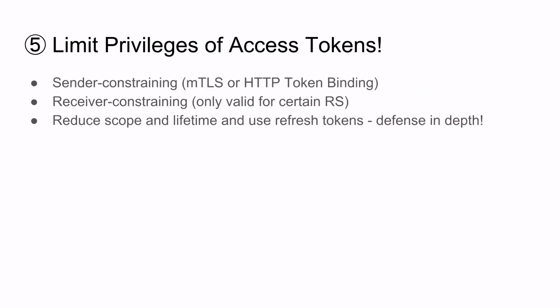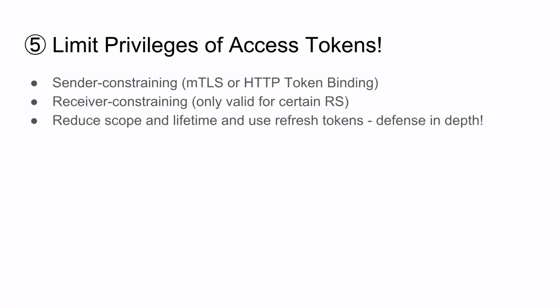Okay, fifth one, limit the privileges associated with access tokens. We have seen sender constraining, so that not anybody can send the access token. You should also do receiver constraining. Limit the access token to be valid at one single resource server only, so that if one resource server becomes compromised, it cannot just use the access token somewhere else. And, of course, try to reduce the scope and the lifetime that is associated with each access token.